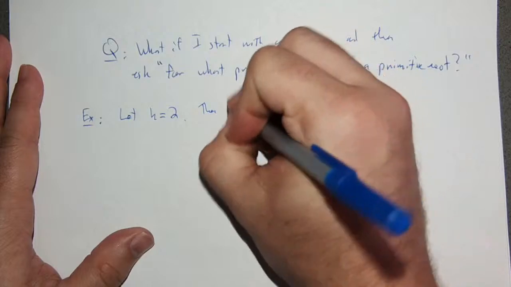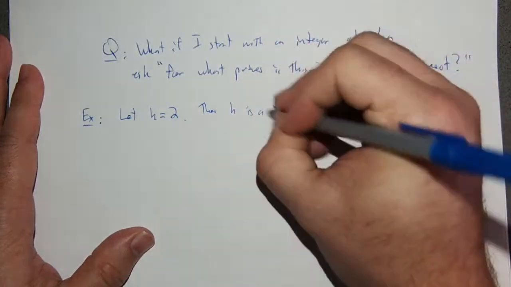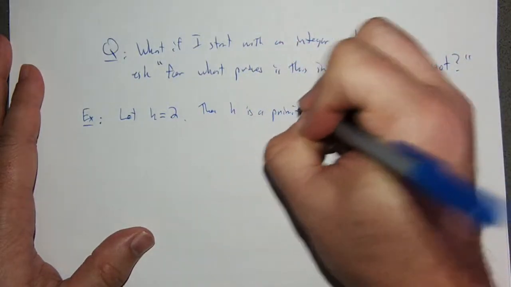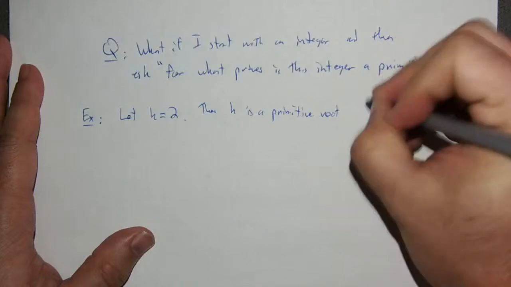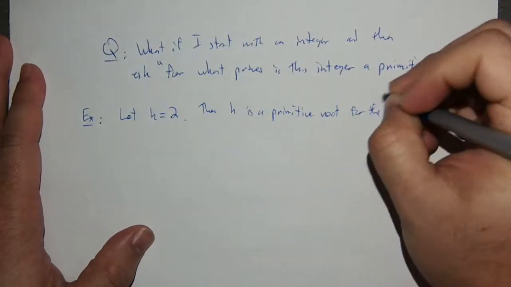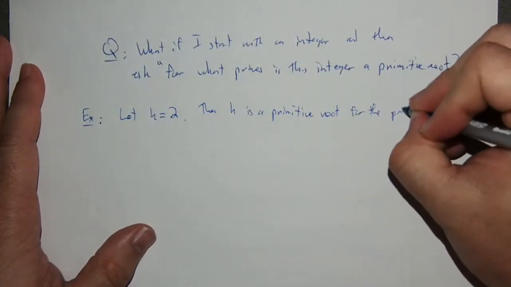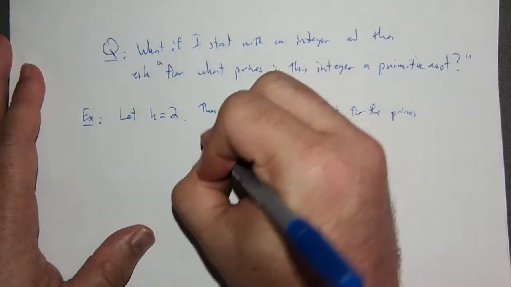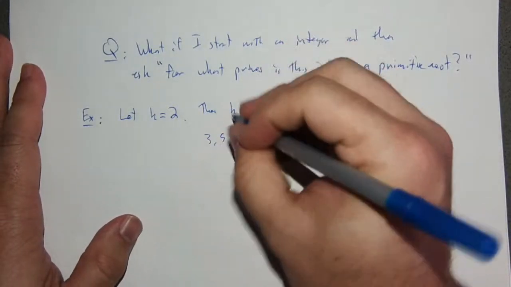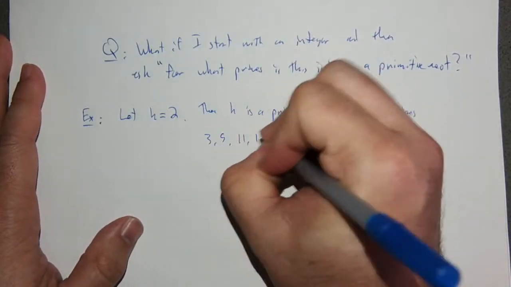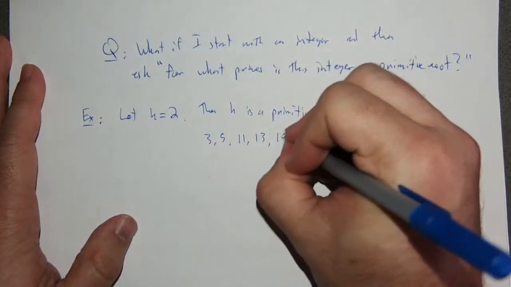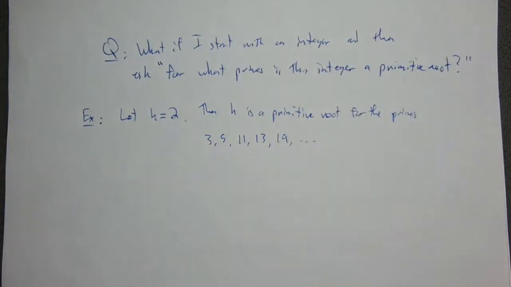Then h is a primitive root for the primes 3, 5, 11, 13, 19, and so on. We could keep going here.